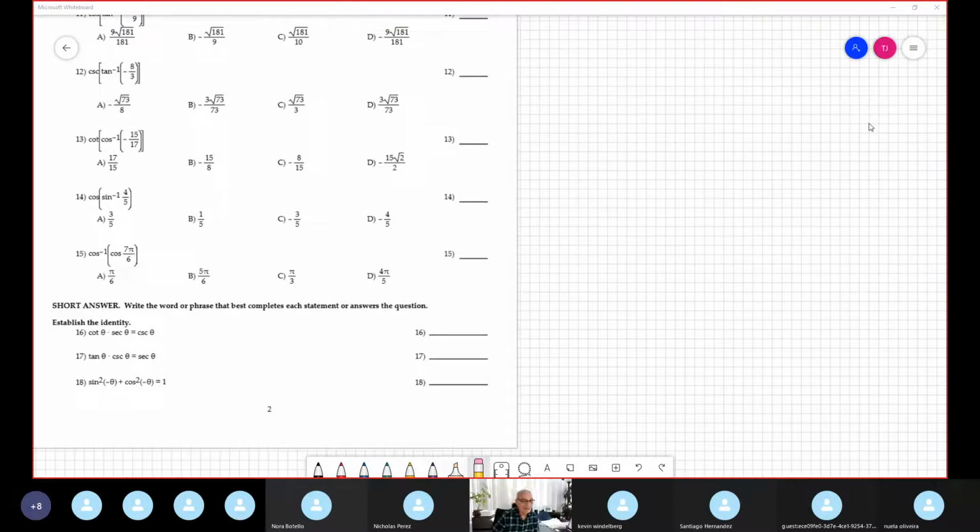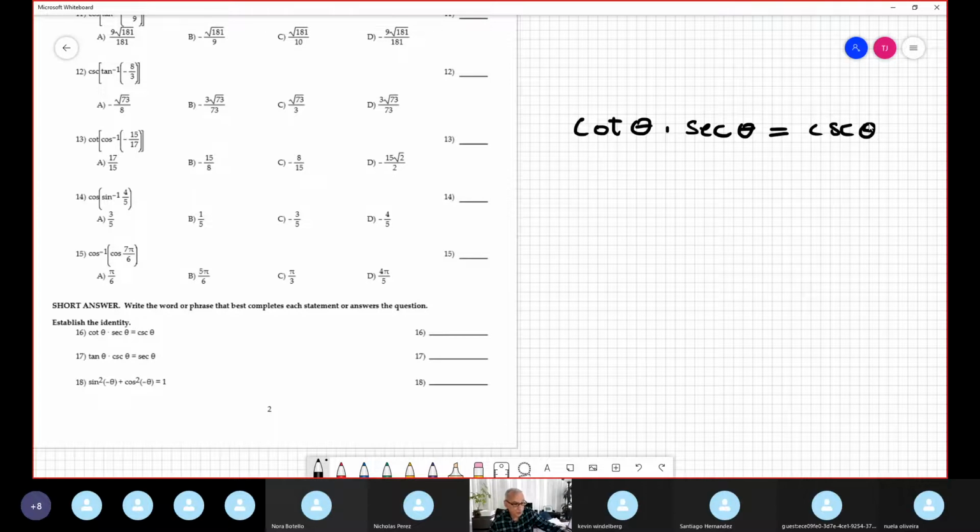Remember the idea in the identity: establish or prove, either way you want to call it. We are doing number 16: cotangent theta multiplied by secant theta, I need to prove it is equal to cosecant theta.